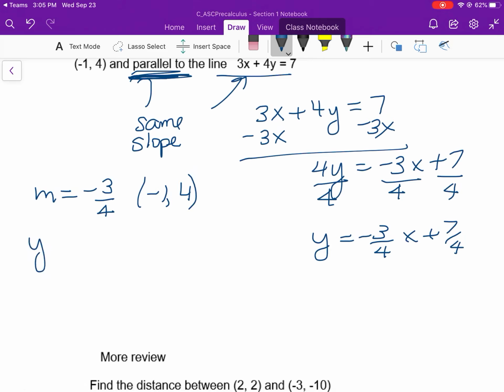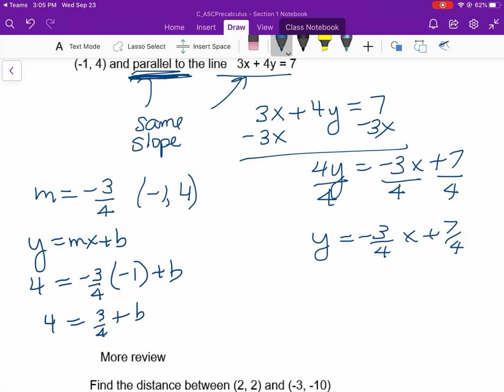All right, so now I'm going to find b. y equals mx plus b. This should look familiar. 4 equals negative 3/4 times negative 1 plus b. So 4 equals positive 3/4 plus b. Subtract 3/4. 4 minus 3/4, I know that that's 3 1/4, but I want to make it a fraction, so I'm using my calculator.